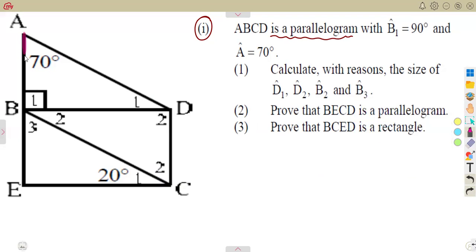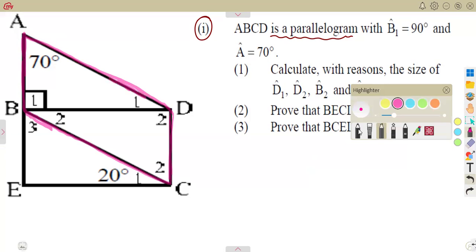From A to B, like this, going to C, going to D. This is a parallelogram. So they are saying this here is a parallelogram.